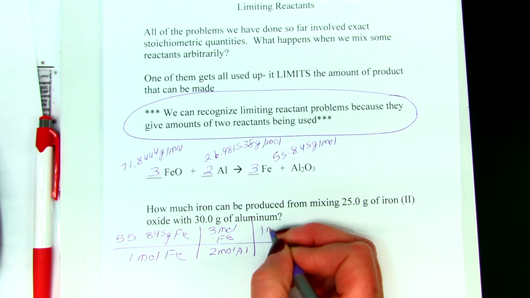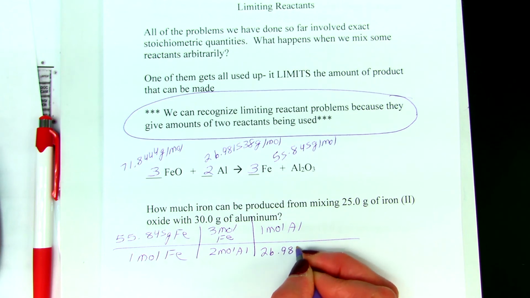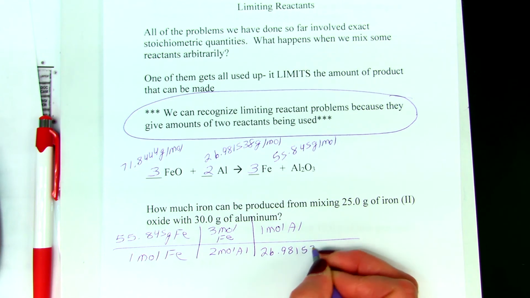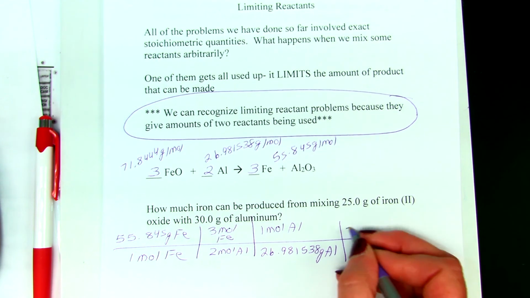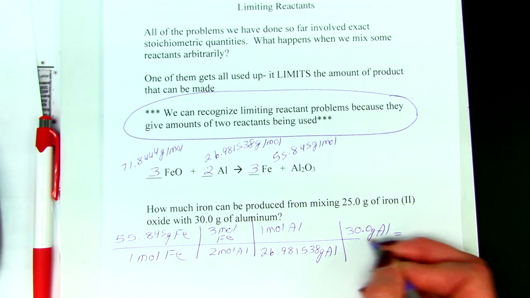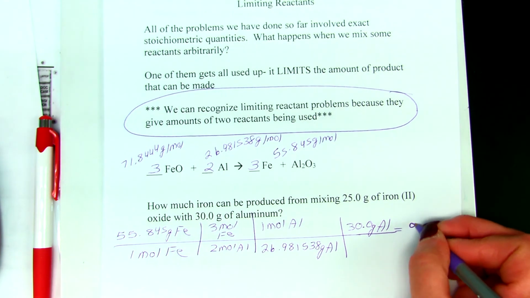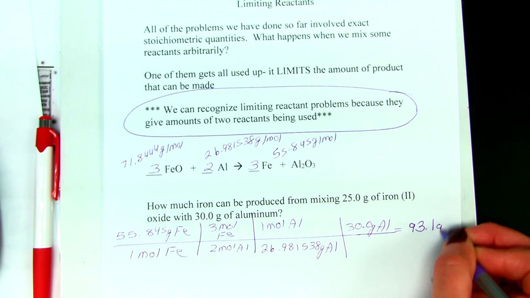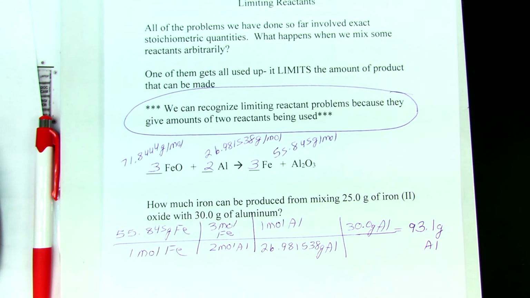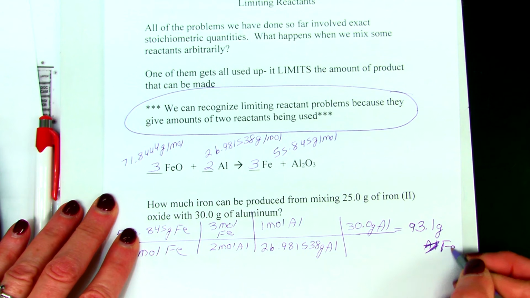And I know that 1 mole of aluminum has a mass of 26.981538 grams of aluminum, and I'm given 30 grams of aluminum. So now all my units cancel except the one I want, the grams of iron, and I can make 93.1 grams of iron using up all my aluminum.